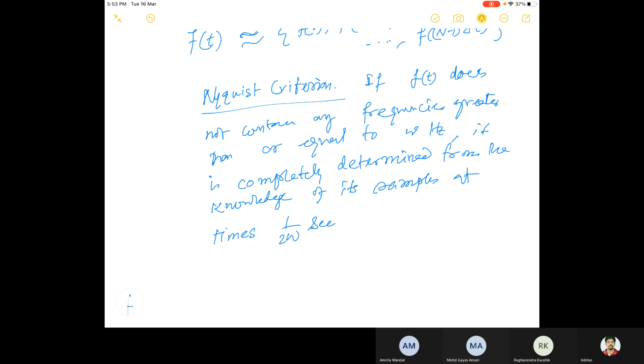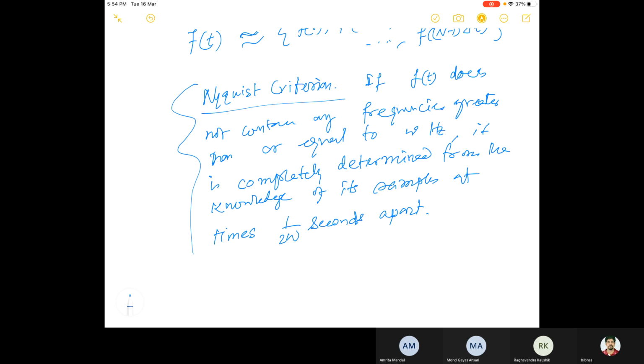That means the gap is 1 by 2 omega if the signal does not contain frequencies greater than omega. Then it can always be reconstructed.